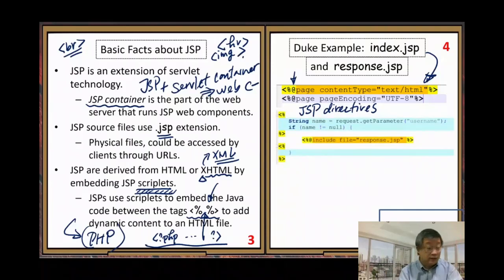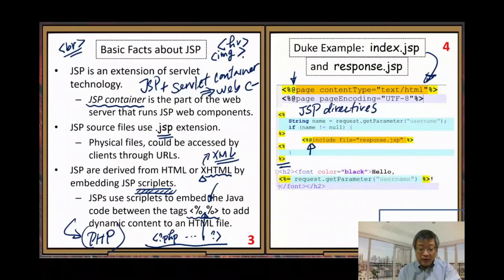This one is a JSP scriptlet, but this one, a JSP directive, has the at sign. The usage is different. The meaning is different. This is the standard JSP scriptlet. Another one, this one.